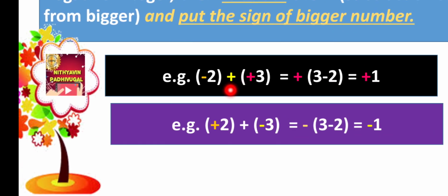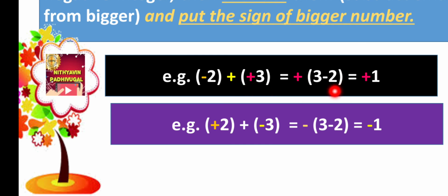Now, from the rule, let us see, one is negative and one is positive. Now what we have done is, just consider the numbers 3 and 2, subtract 2 from 3, which means 3 minus 2. Then put the sign of the bigger number. Here the bigger number is 3, so plus sign. Okay?